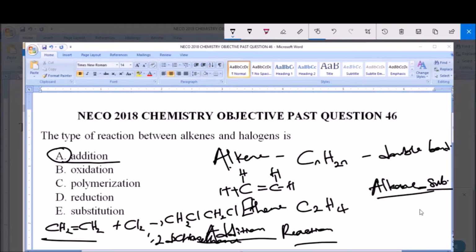Halogen atom. Also, the alkynes can undergo both addition and substitution reaction. So take note of this. Alkenes can only undergo addition, alkanes only substitution, and alkynes both addition and substitution reaction. So the answer to this question is option A, addition reaction.